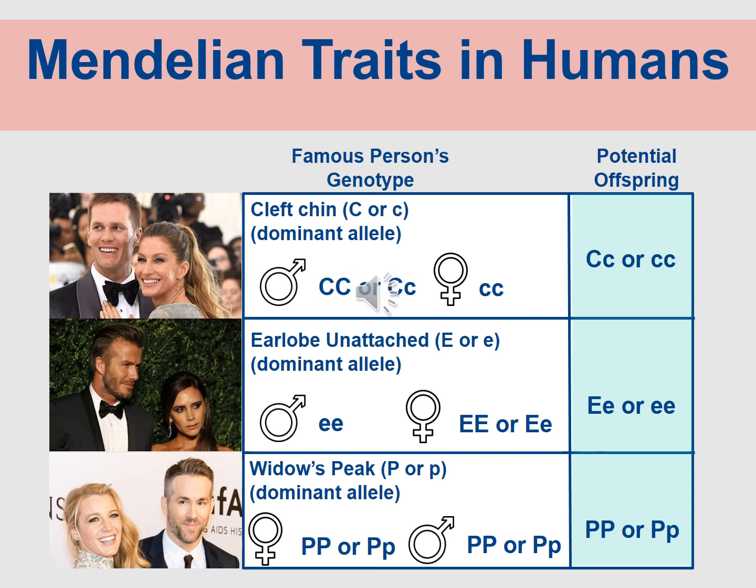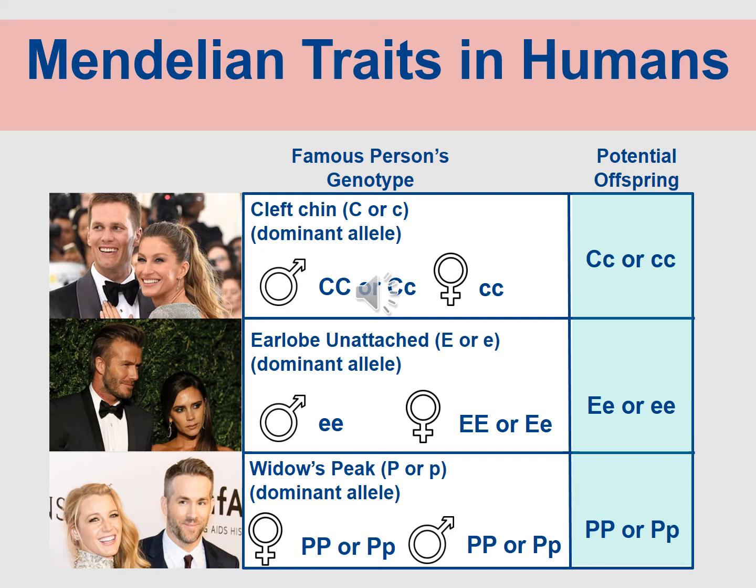So I have a number of famous persons' genotypes, famous couples like Tom Brady and Gisele here. Tom Brady has a cleft chin, so he has to be either homozygous dominant or heterozygous. Gisele doesn't have a cleft chin, so she has to be homozygous recessive.